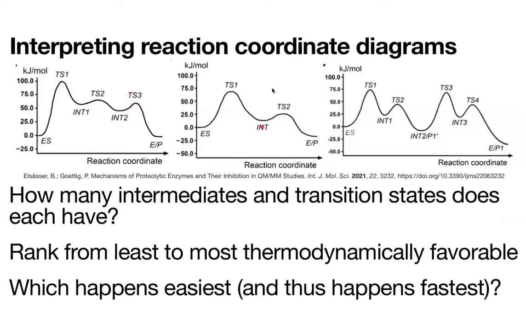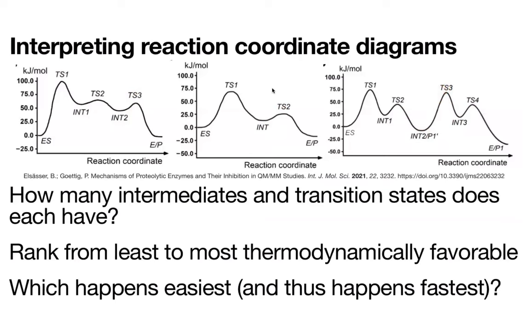This would have 1 intermediate, 2 transition states, and this would have 3 intermediates and 4 transition states. And remember, the intermediates are the isolatable things, and these would be the transition states. That's our tipping point. That's the thing that we really care about, but we can't actually capture it.